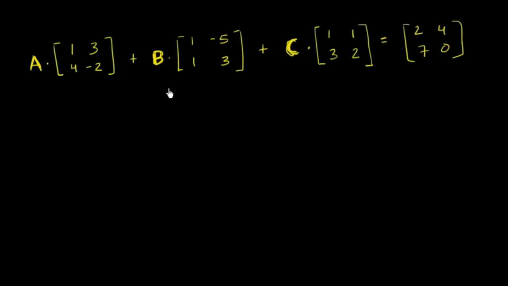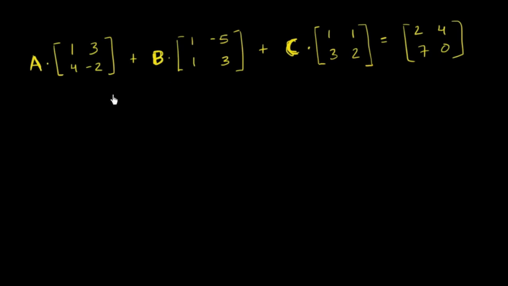So we have a matrix equation set up right over here. We have matrix A times this plus matrix B times this plus matrix C times this is equal to this 2 by 2 matrix. And the way it's set up, it's a little bit of a puzzle. I'll give you one clue as to what type of matrices A, B, and C could be.